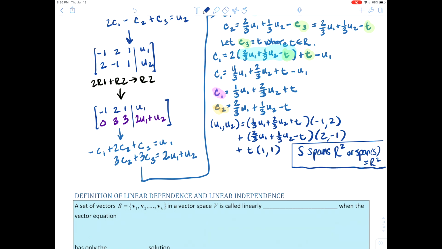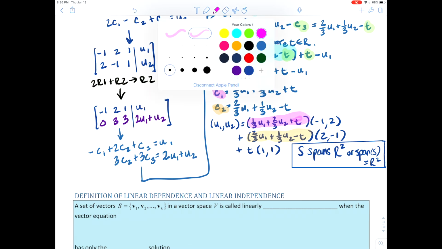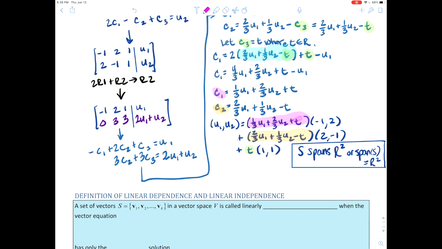And just so you can check out what we found here, why don't we pick any vector? Pick a vector, any vector. While you're thinking, I will highlight the corresponding stuff. This here was our C2, this here was our C1, and this was our C3. Let's let U equal to the vector -2, 3, and T equal to 0, because that can be any number.